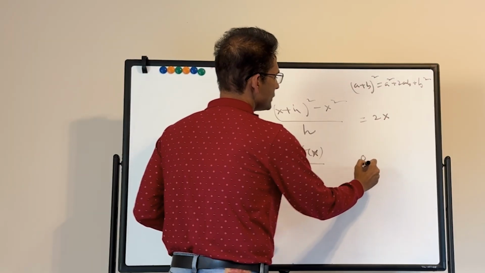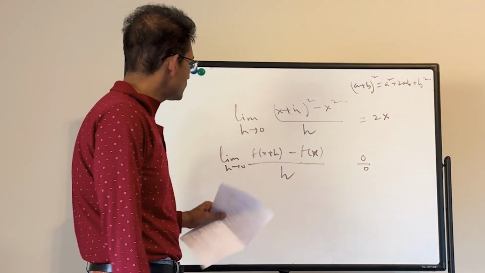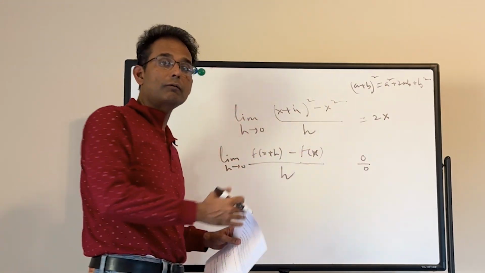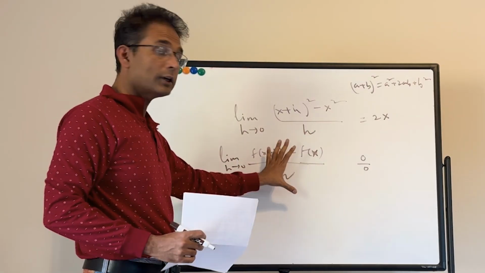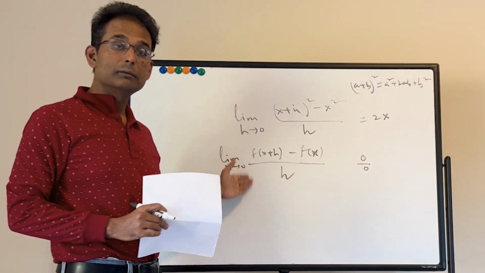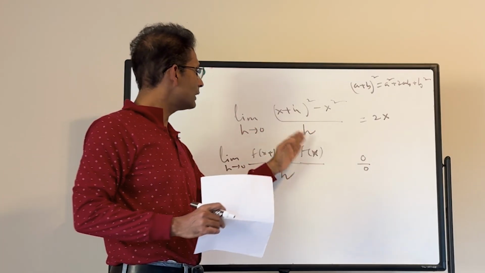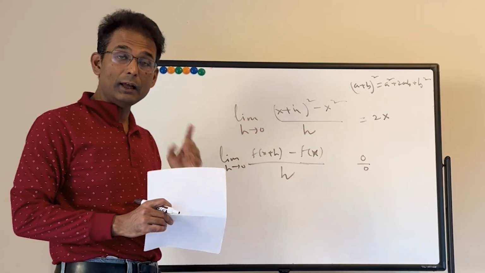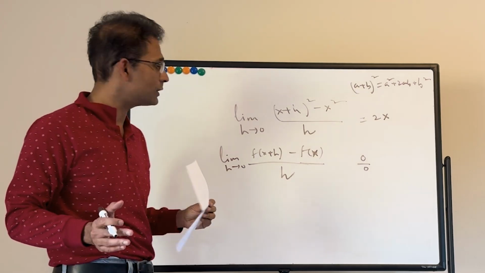So you have a 0 over 0 type of form. Once again, the value of this expression when h is 0 is undefined, right? But just as we saw here, the limit may still exist. In fact, it does exist in most situations.